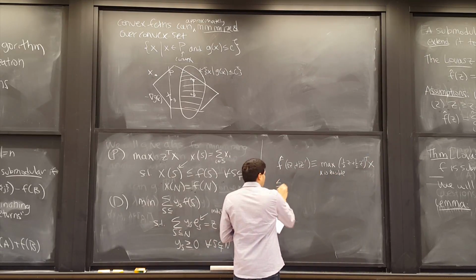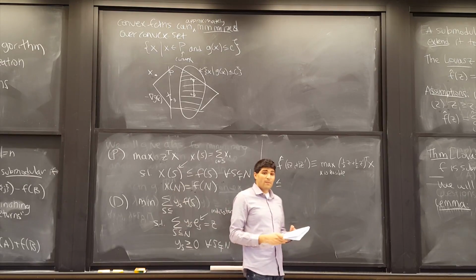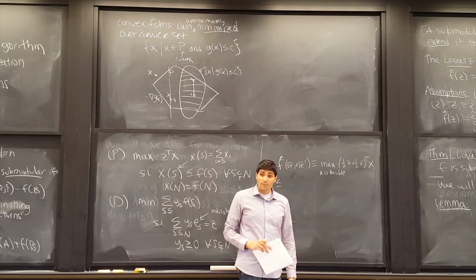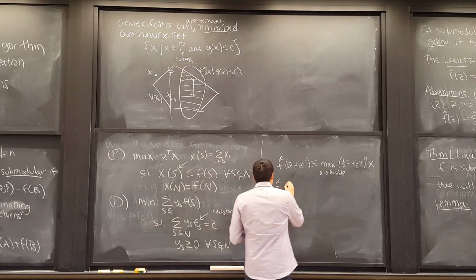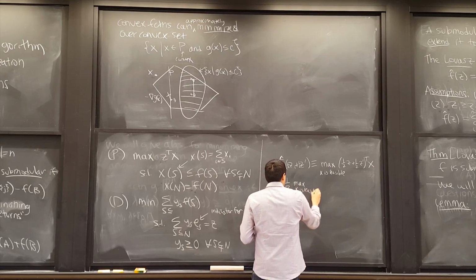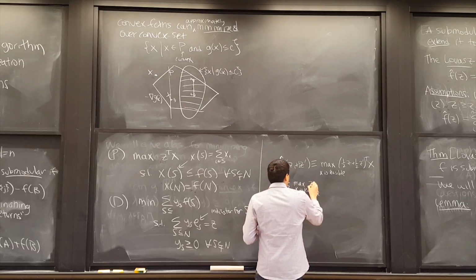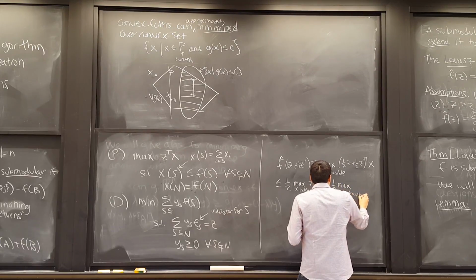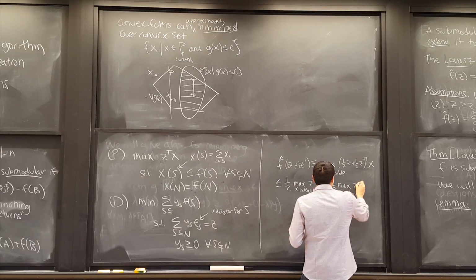And now this, you can only do better if you were allowed to take the max over these two things separately. So it's upper bounded by 1/2 times the max over feasible X of Z transpose X, plus 1/2 times the max over feasible X of Z prime transpose X, and you can choose different X's for these two maximizations.